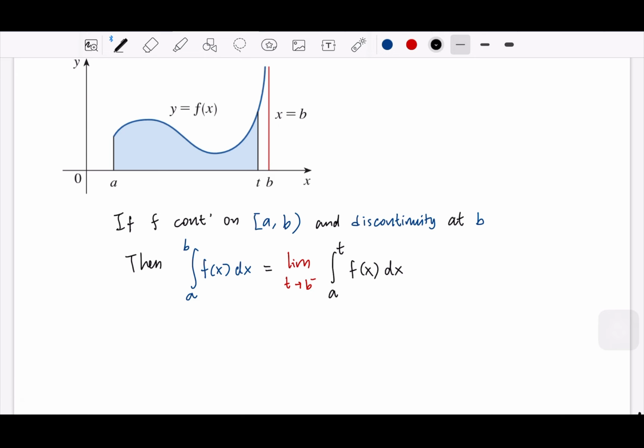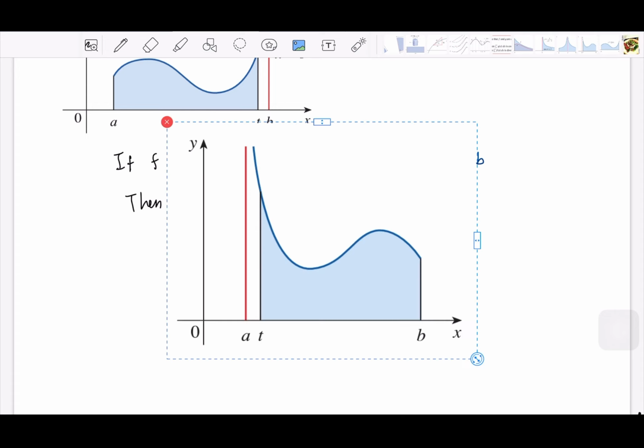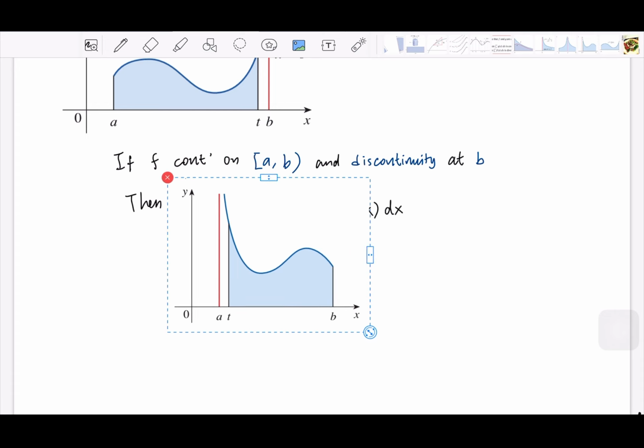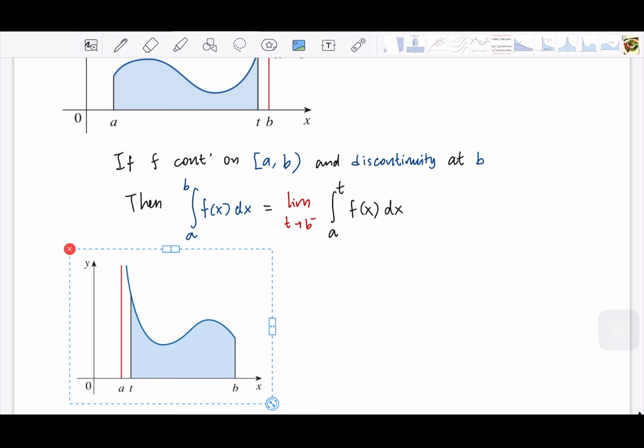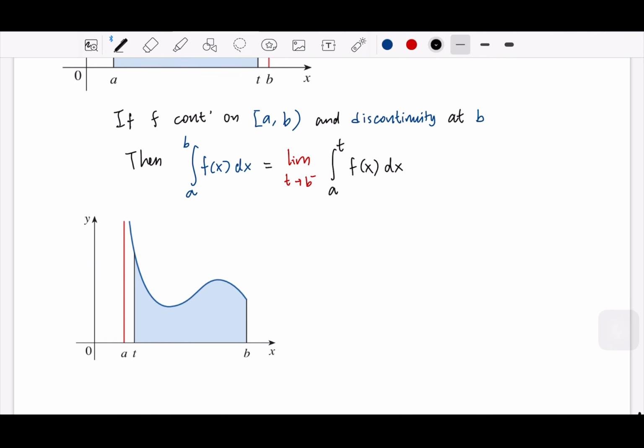We can also have a limit from the right. So let me set up the picture. Now let's say the problem is at a. The discontinuity is at a.